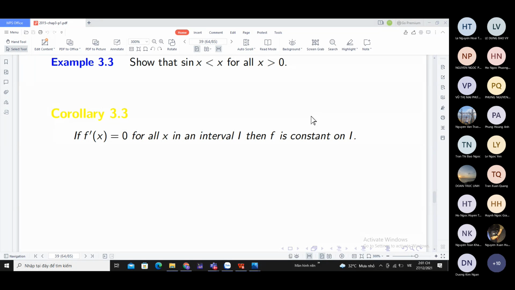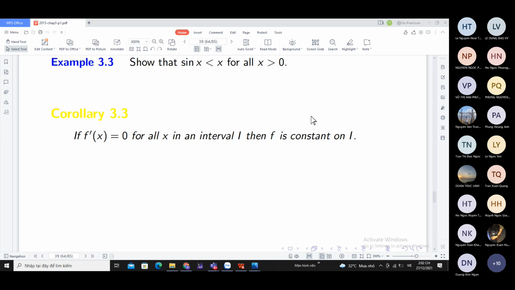Yes. Okay, now look at Corollary 3.3. It says that if f prime of x equals 0 for all x in an interval I, then f must be a constant function on this interval. You learned it in high school already.